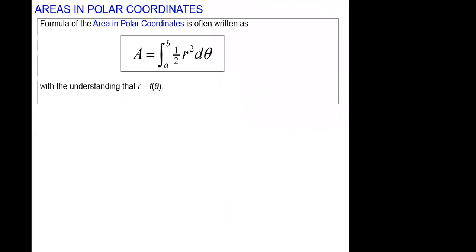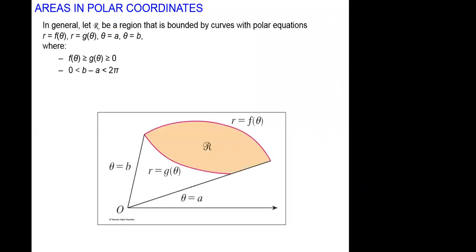1/2 radius squared d theta, and hopefully the formula for r will be provided. One thing: we may have the area between two curves, but we will apply the same method that we did in Calculus 1. We will simply subtract.